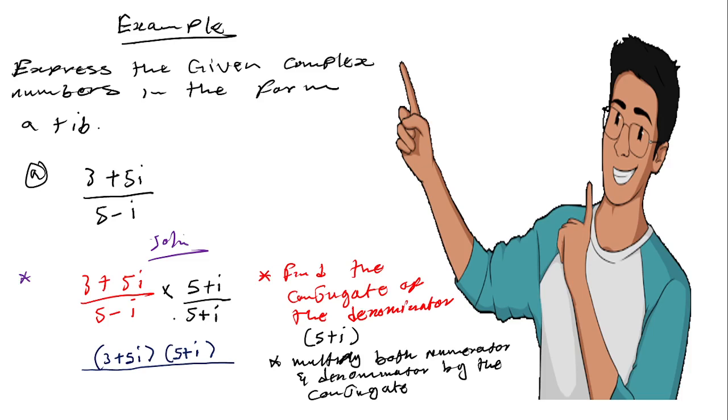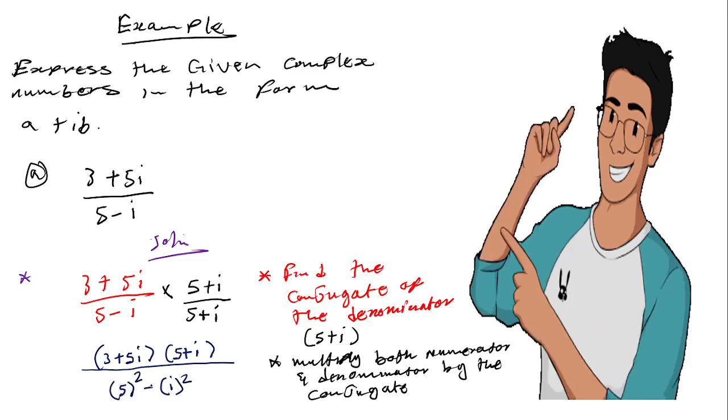The reason why we are expressing this in this particular form is because we know that these two are just the difference of two squares.